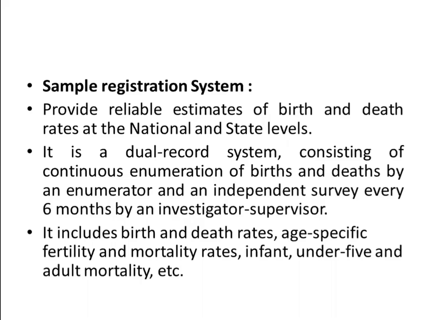It is a dual record system consisting of continuous enumeration of births and deaths by an enumerator and an independent survey every 6 months by an investigator supervisor. It includes birth and death rates, age-specific fertility and mortality rates, infant, under 5 and adult mortality, etc.